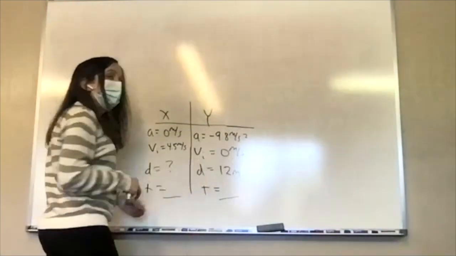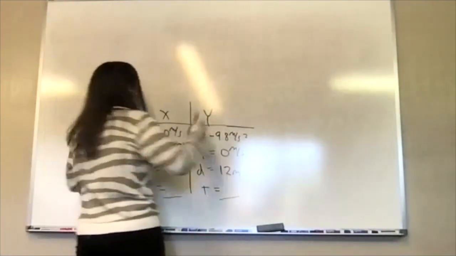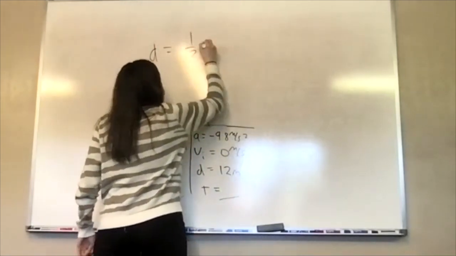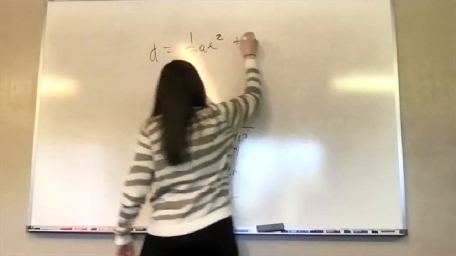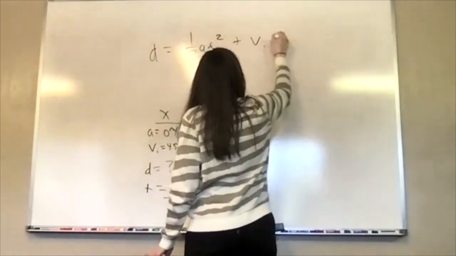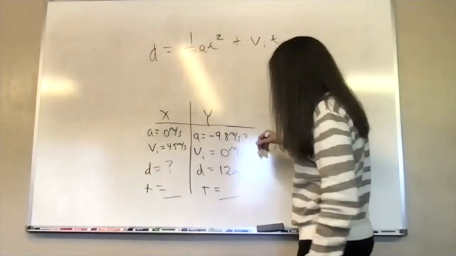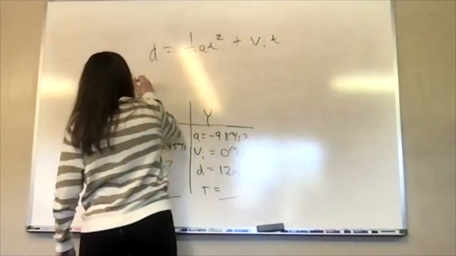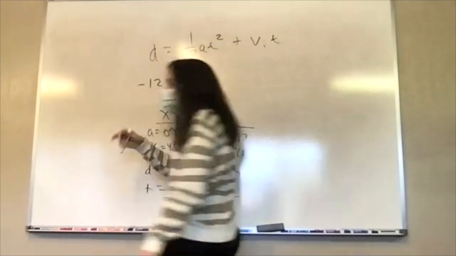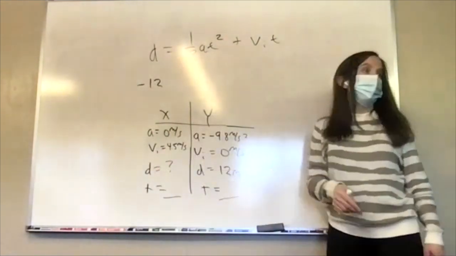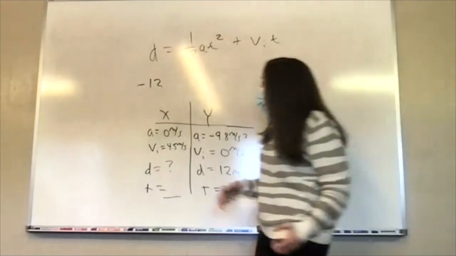So look for an equation that has these things. Distance equals 1/2 at squared plus vi times time. So the line is moving downward, so we would say it's -12 for a distance.